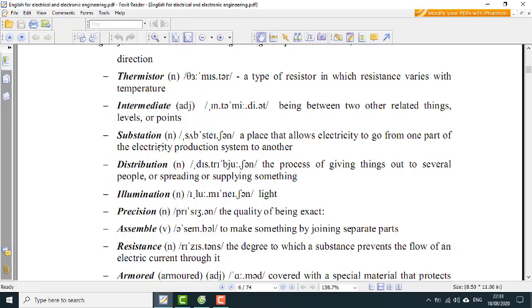Distribution. Distribution means the process of giving things out to several people, or spreading or supplying something. Illumination. Illumination means light. Precision. Precision means the quality of being exact.